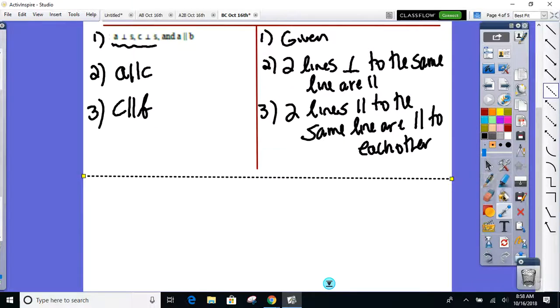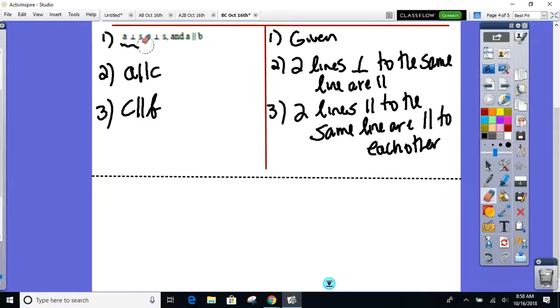Let's start with a perpendicular and a parallel, and I want to choose a perpendicular and a parallel that have the same line involved. So I know I'm going to do A parallel to B. What perpendicular should I use as well? A perpendicular to S, because they have A as the repeating line. If you look at that last theorem I showed you, which says if you have a line that's perpendicular to a parallel line, read through that real quick right now, because I'm going to ask somebody for a conclusion you could get from these two givens right here.